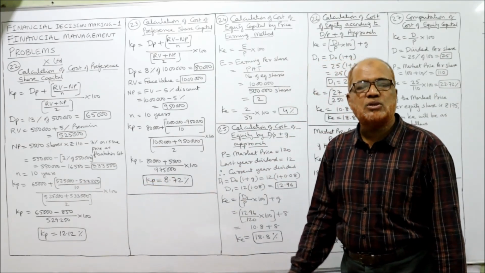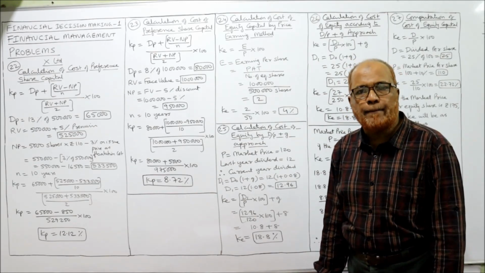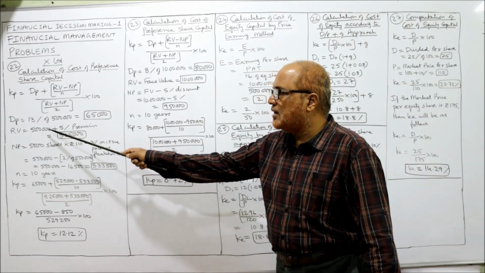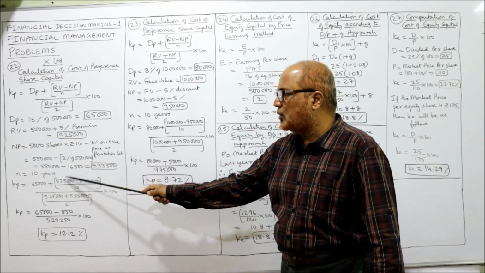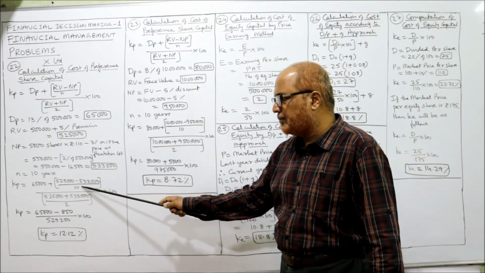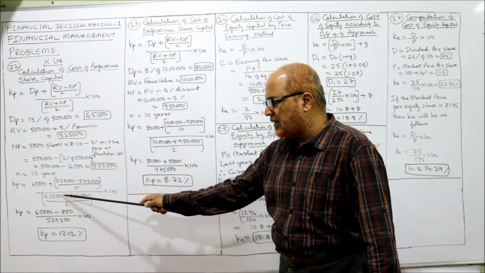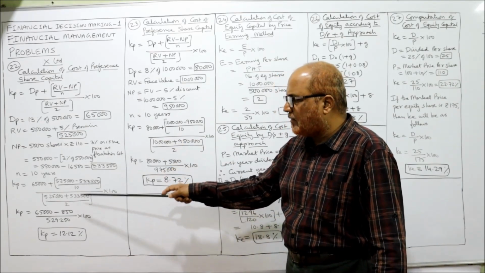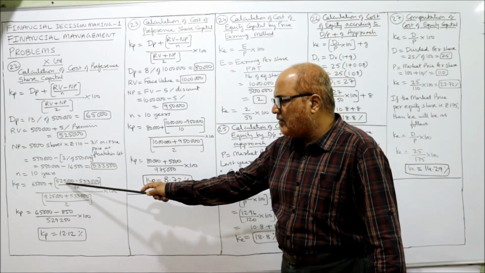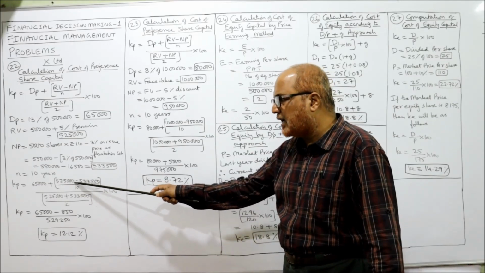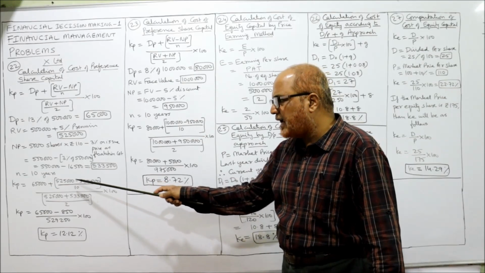Now we substitute the values in the formula to get KP. DP, how much is DP? 65,000. Then redemption value 5,25,000, net proceeds 5,33,500, divided by 10, whole divided by 5,25,000 plus 5,33,500 divided by 2, into 100. We have substituted all the values. Now 5,25,000 minus 5,33,500, you get a negative figure, minus 8,500.